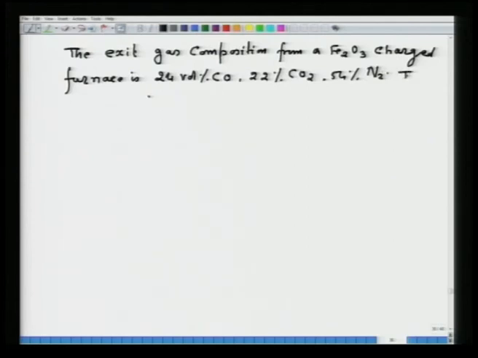The air blast is 1400 meter cube per 1000 kg iron.